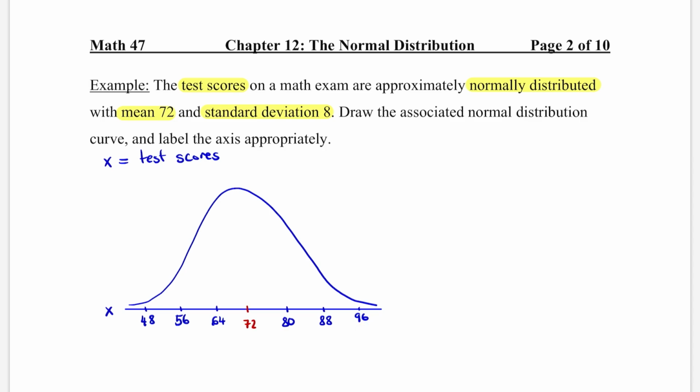The majority of my test scores are within 3 standard deviations of the mean. So the majority of my test scores are in between 48 and 96.